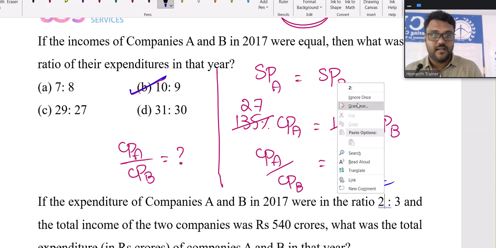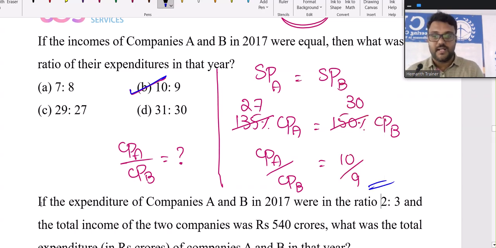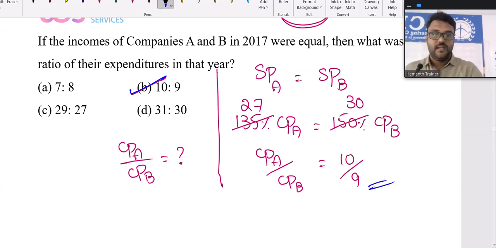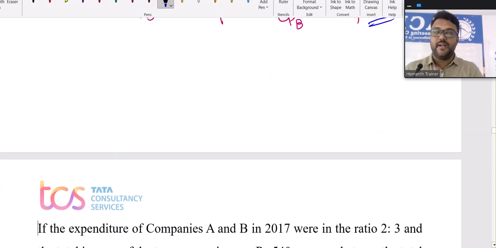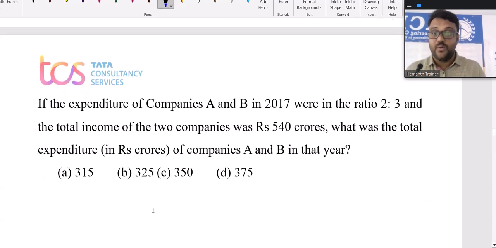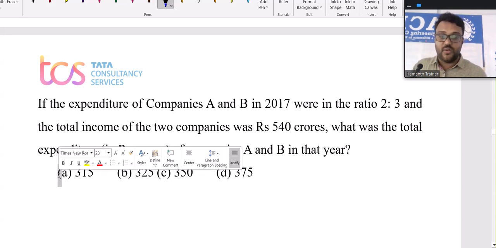Next question, they went to the next level a bit compared to the first 2. First one easy, they directly gave 1 year's expenditure, and we needed to calculate the related year's selling price, the income. Now here what they gave: expenditure of companies A and B in 2017 are in the ratio 2 is to 3. If total incomes of the 2 companies are 540, what is the total expenditure in that year? So we know 2017 only, just now we discussed.